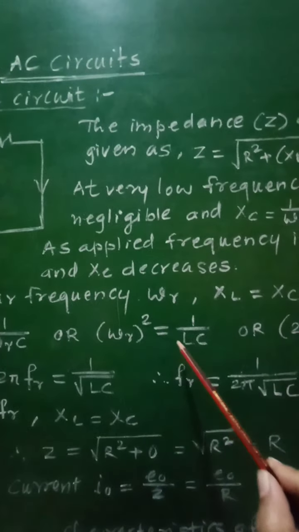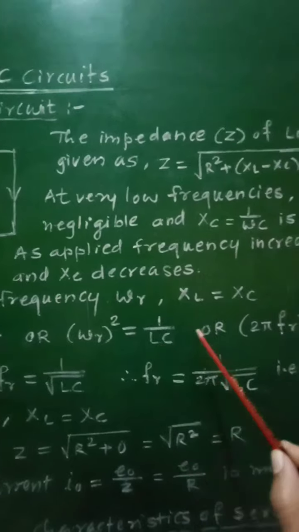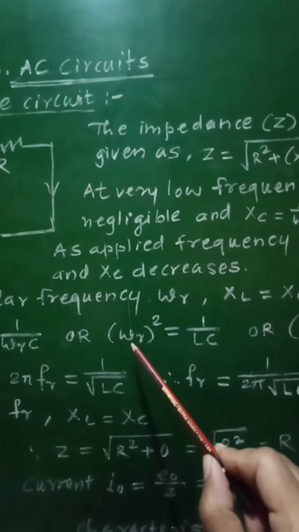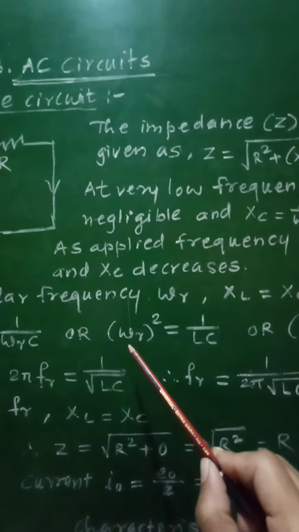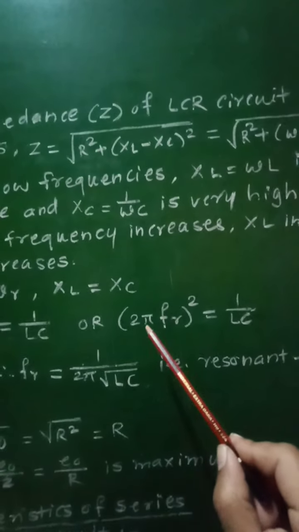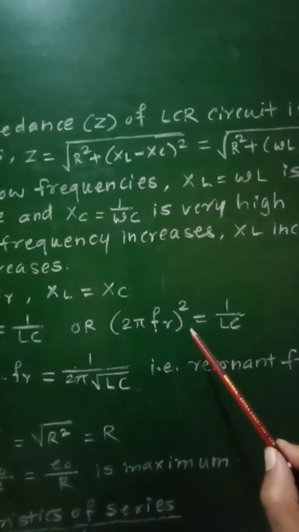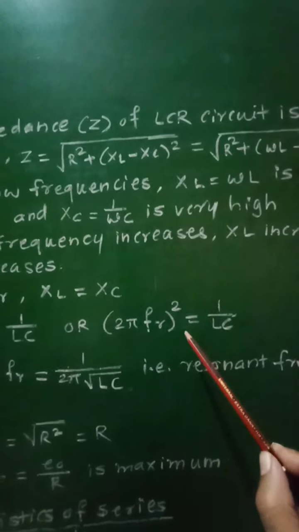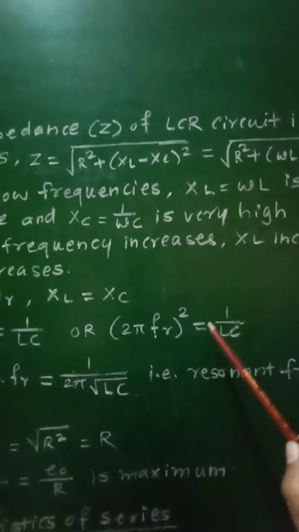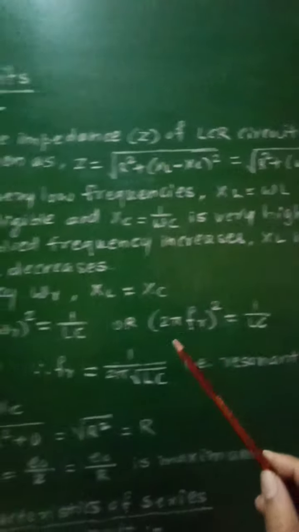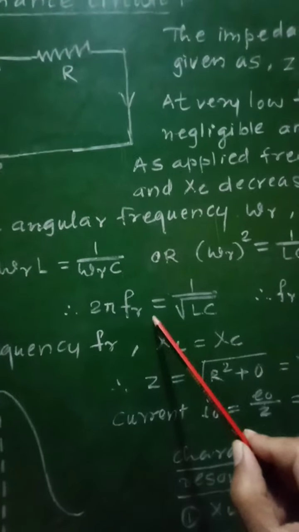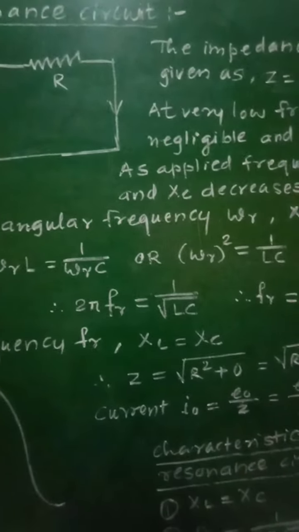Omega R square equal to 1 upon LC, or in place of omega we can write 2 pi fr, as omega is equal to 2 pi f. Therefore 2 pi fr whole square is equal to 1 upon LC, and taking the square root, 2 pi fr is equal to 1 upon square root of LC.